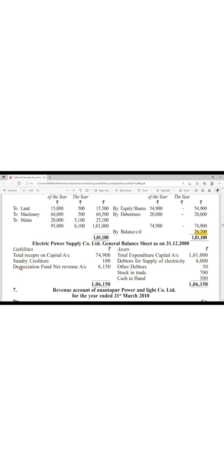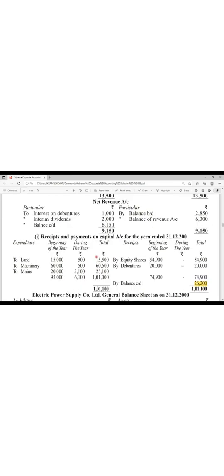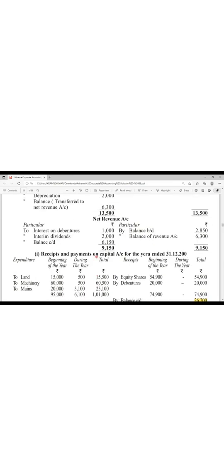capital account. Here the current liabilities given in the question are sundry creditors, that is 100. Then depreciation fund and net revenue account is 6,150. Here the net revenue account, what we have got here is 6,150, that we are carrying forward.